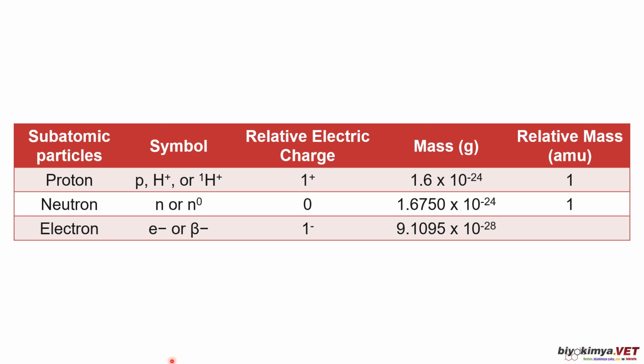Thus, when we look at the subatomic particles, protons, neutrons, and electrons, they have symbols, and here you also see the relative electric charge of these particles, mass, and then relative mass, and you see that the proton and neutron have a relative mass of 1 atomic mass unit, but electrons do not.